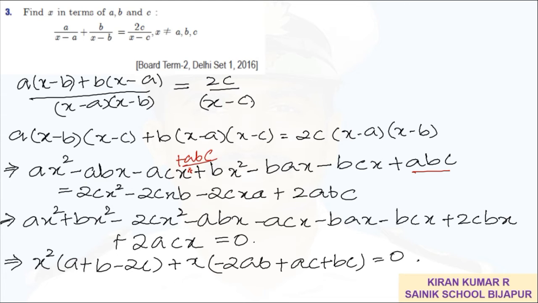I made a mistake here, one more abc. The sum is 2abc and this 2abc gets cancelled. Therefore x value is negative of ac plus bc minus 2ab divided by a plus b minus 2c.